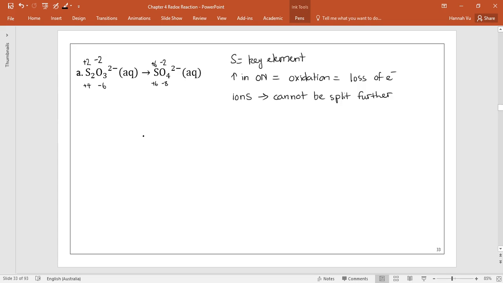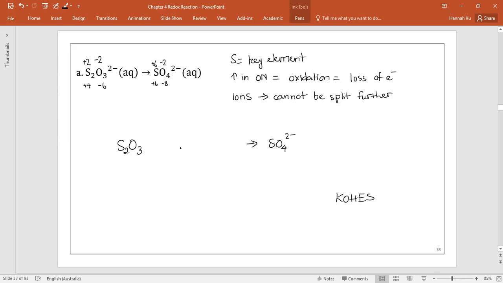All right, I'm just going to rewrite the reactant and the product. So I have S2O3 2- going to SO4 2-, and if we are familiar with CHOHES, you're going to start by balancing the key element. The key element in this case is sulfur.